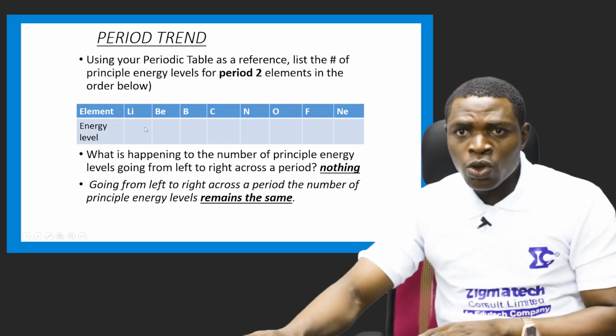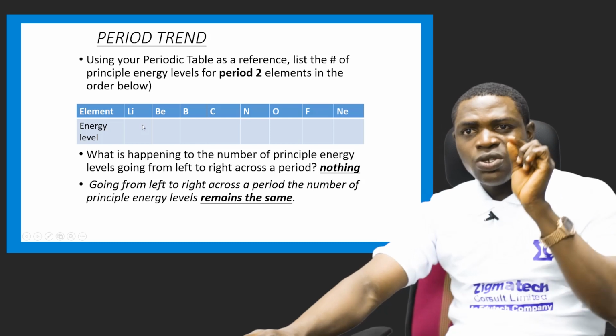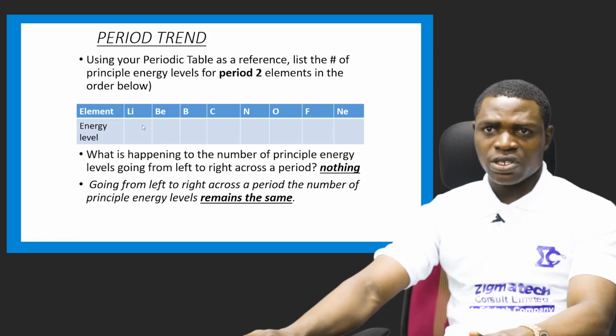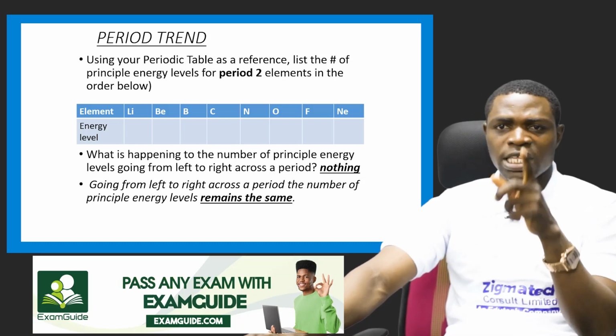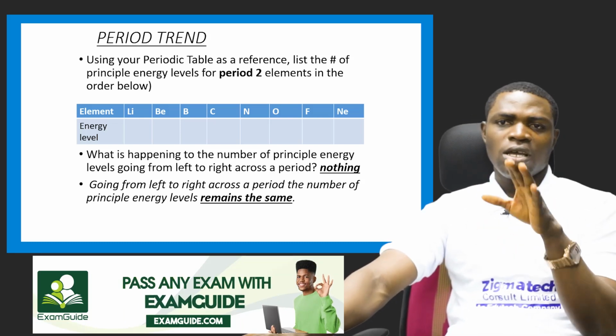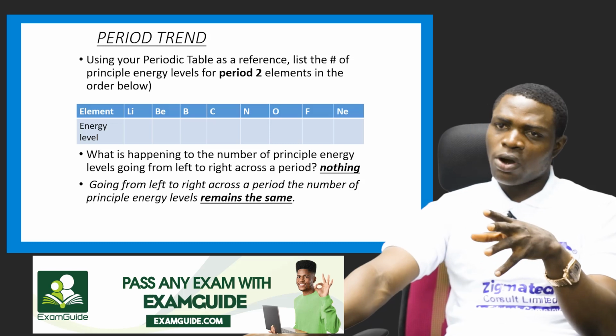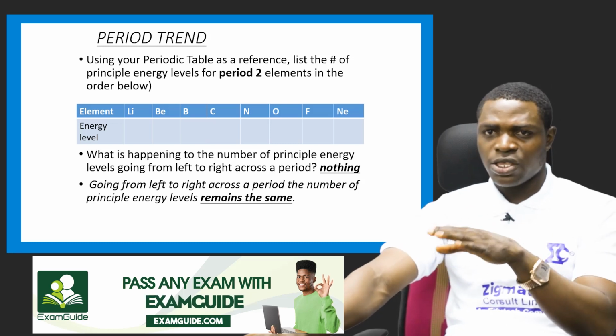Using the periodic table as a reference, look at the principal energy level for period 2: lithium, beryllium, boron, carbon, nitrogen, oxygen, fluorine, and neon.